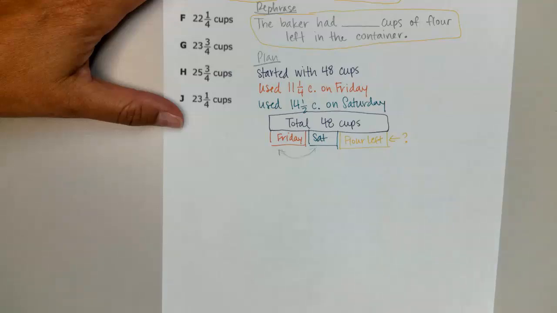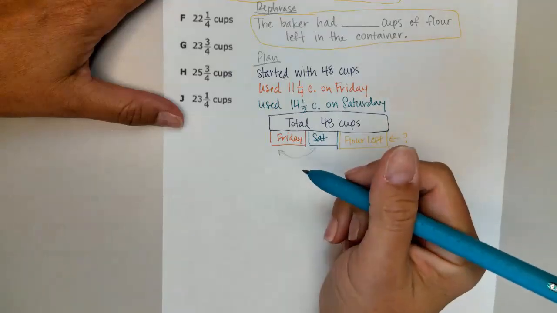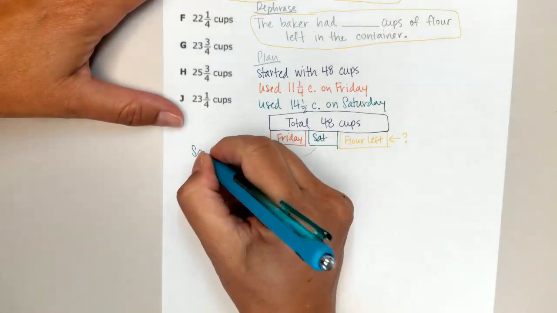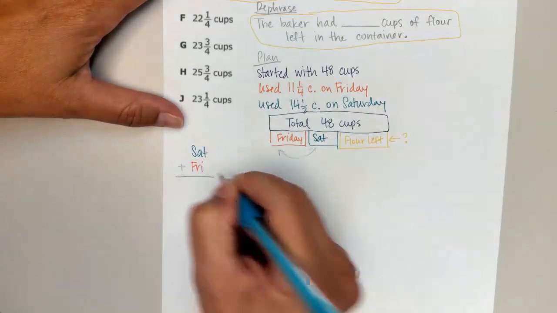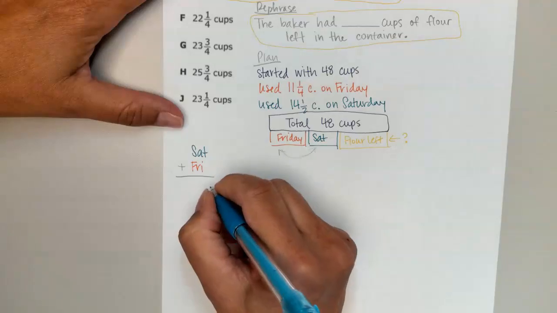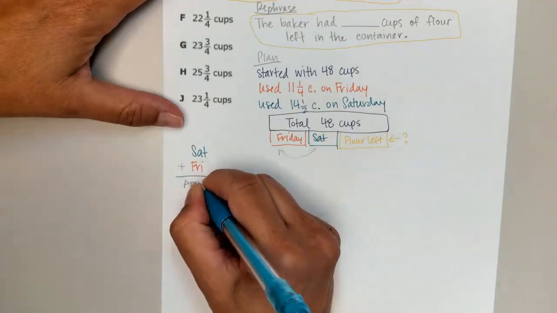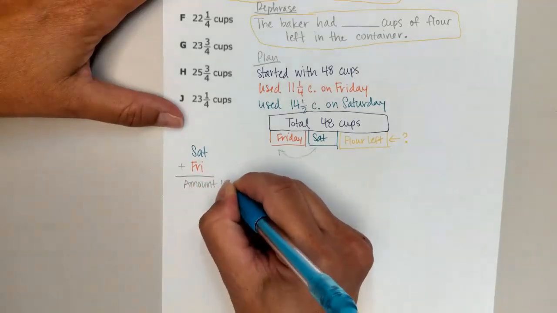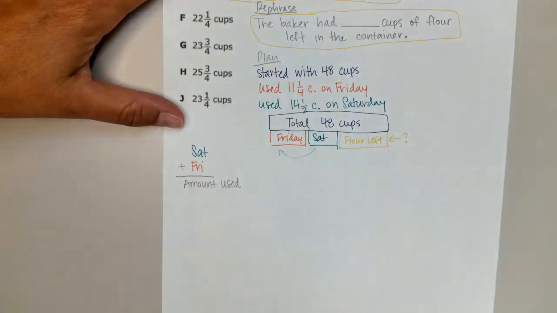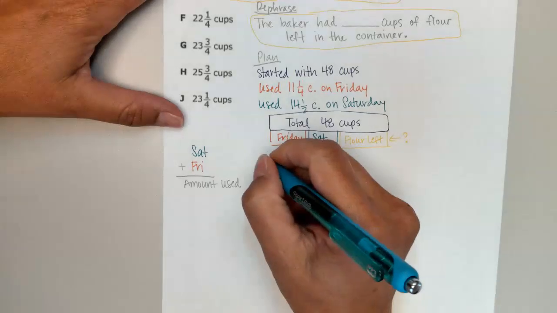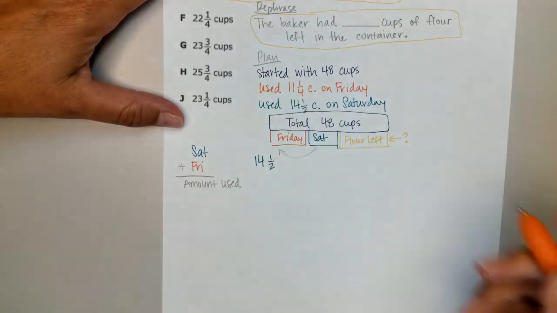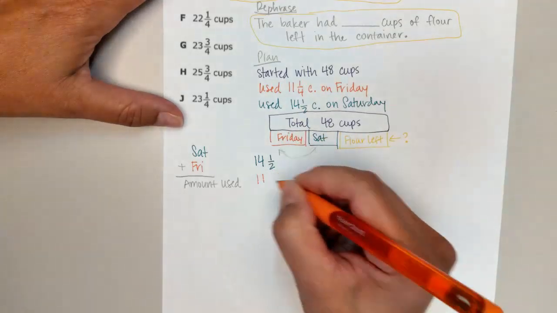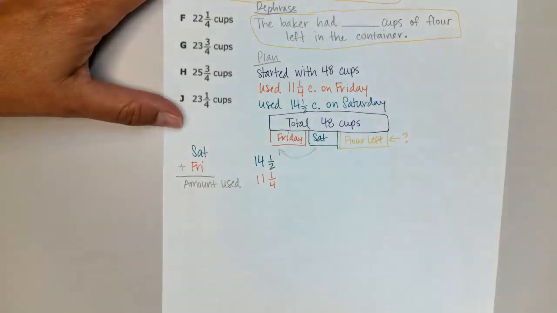So I need to add Saturday's flour to Friday's flour to figure out the amount used. Saturday is 14 1/2 cups. Friday is 11 1/4 cups.